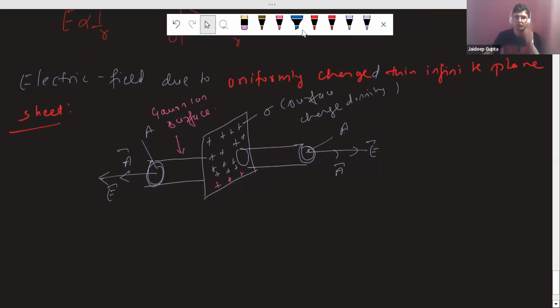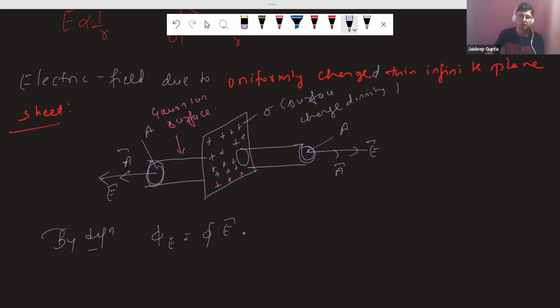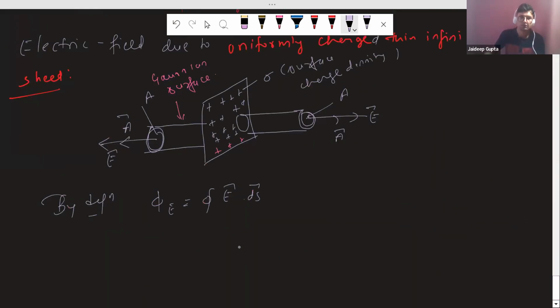Again, we will use two things. First of all, we will find by the definition, flux equals to E dot ds. So there are three surfaces again.